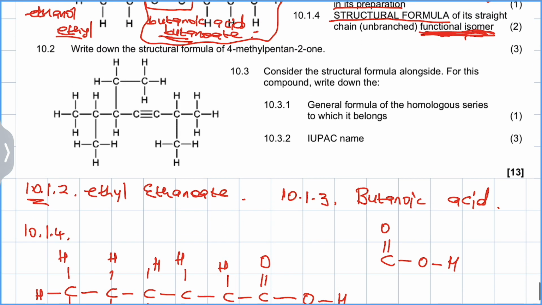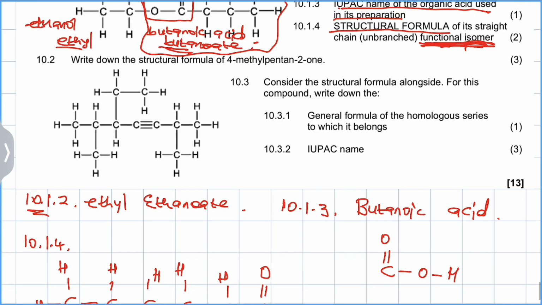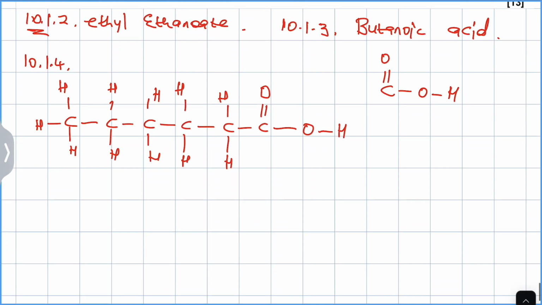Then the next question, write down the structural formula of 4-methyl pentan-2-one. Okay, pentan-2-one, that is a ketone. So we'll have the functional group in carbon number 2. So this is a ketone with 5 carbons.